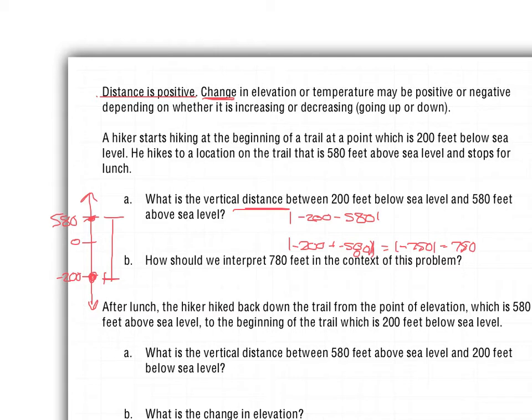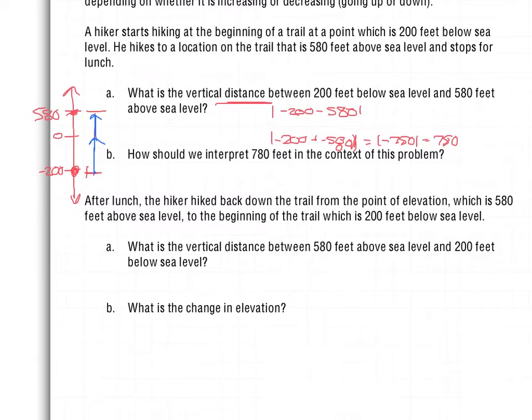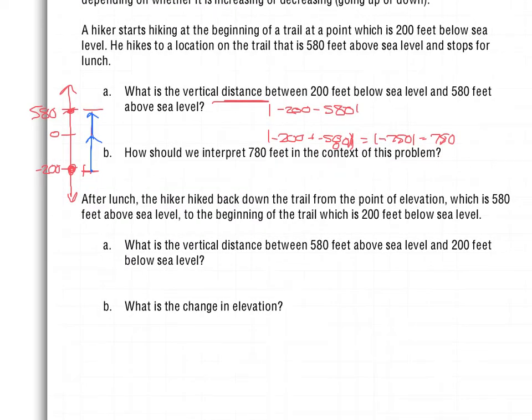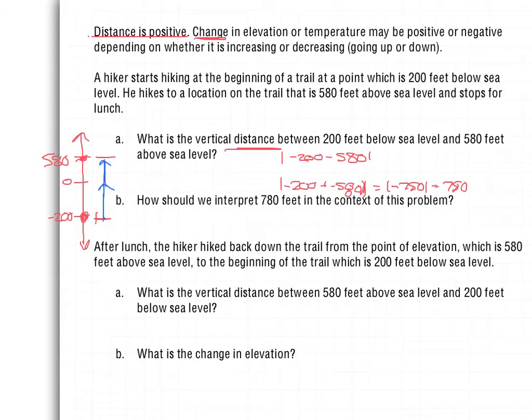We could think about this on the number line in terms of it would take me 200 to get to 0, and then another 580, so that's why we combine the values. But we have a distance, so we're not really worried about direction. How should we interpret 780 feet in the context of this problem? And that's just pretty simple.